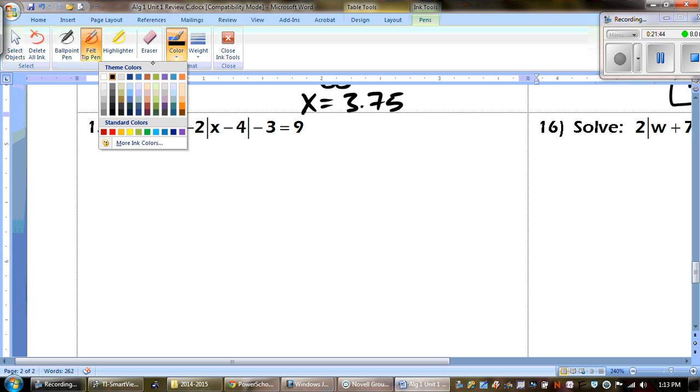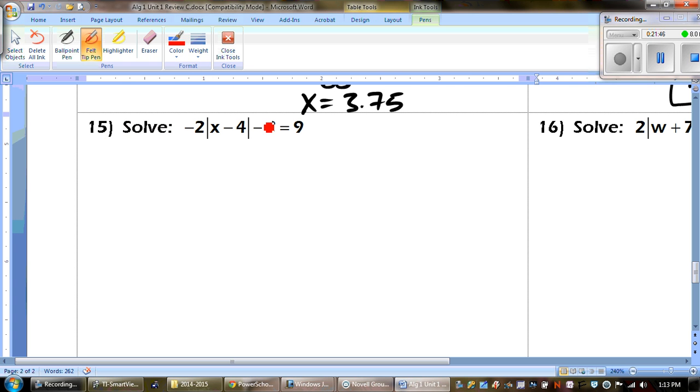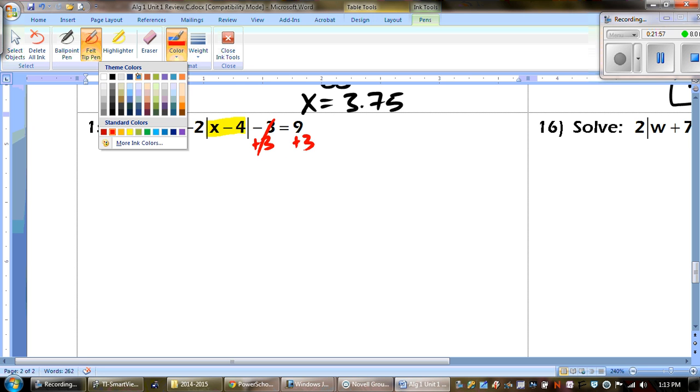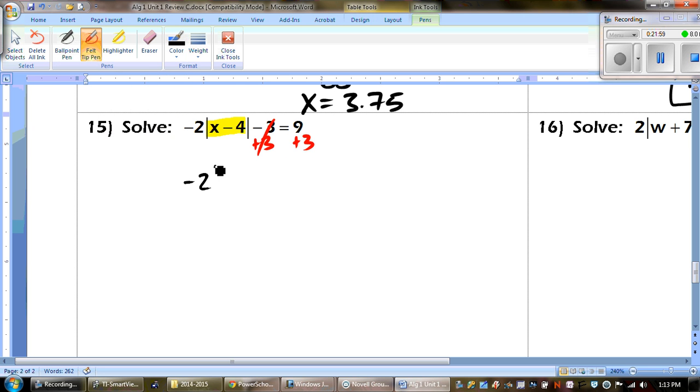Just like we were talking about, we need to get the absolute value all by itself before we say how many solutions it has. So we're going to cancel the subtraction first, and we have negative 2 times the absolute value of x minus 4 equaling 12.